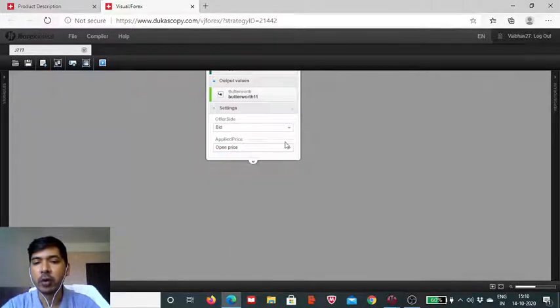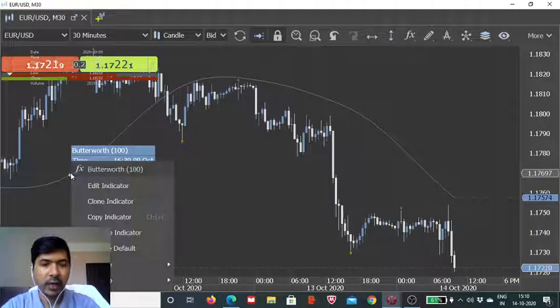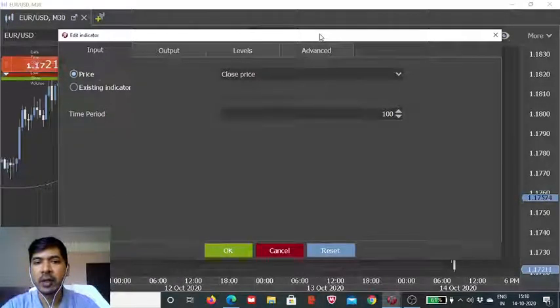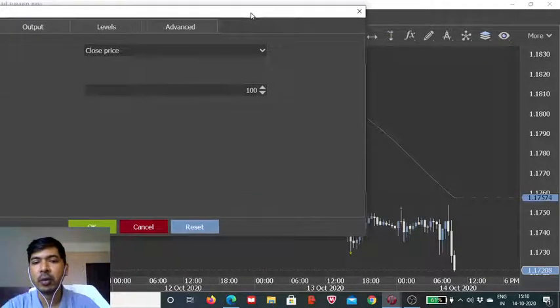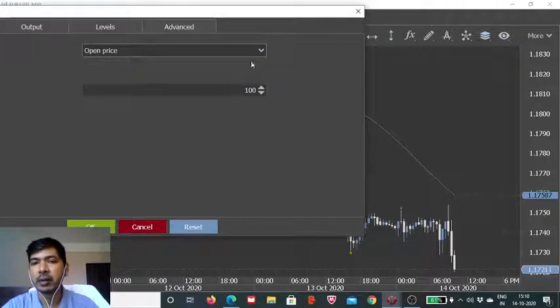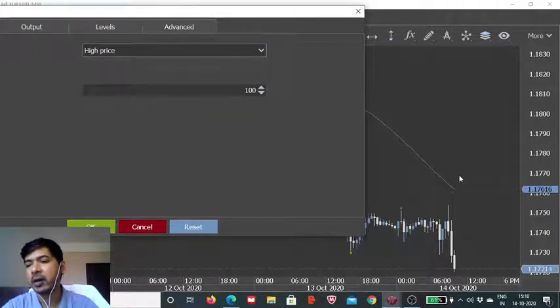If you want to use the open price, you can do that. I will do some editing on the plotting here, and you will see how this plotting differs whenever we change the applied price. Here, when I choose the open price, it has gone slightly higher. If I use the high price, again the Butterworth filter's plotting has gone higher. If I use the low value, then it will go down.